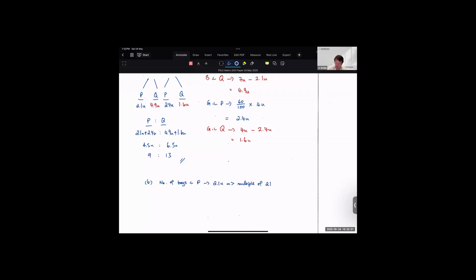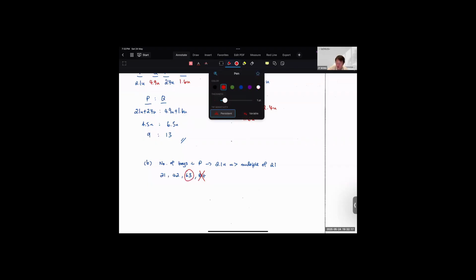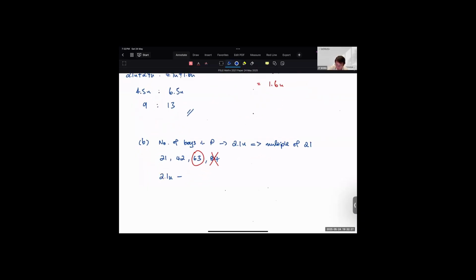And if you recognize there's a multiple of 21, 21, 42, 63, 84, 84 is out because it must be fewer than 70. And therefore, the largest possible number of boys in P is 63.